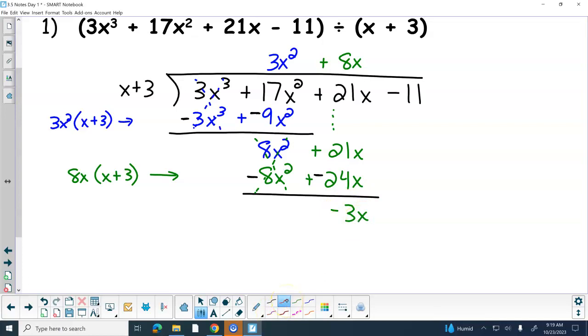Now what happens? Bring down the negative 11. Play the game of firsts again. x to negative 3x. Negative 3.